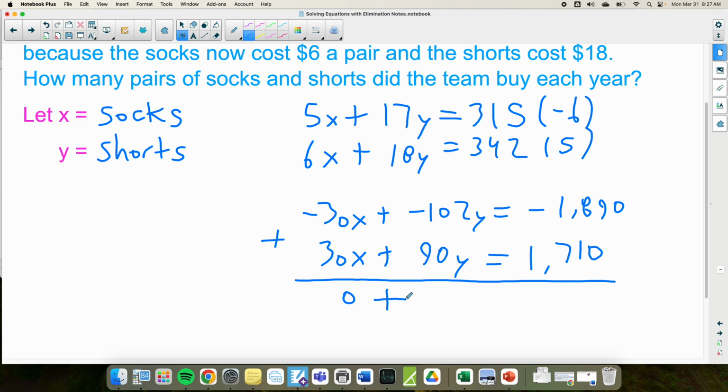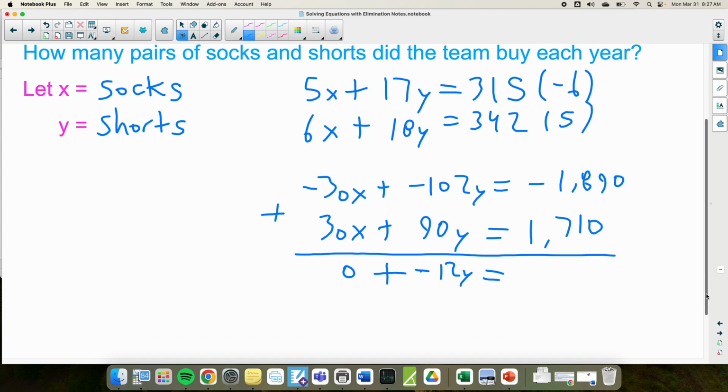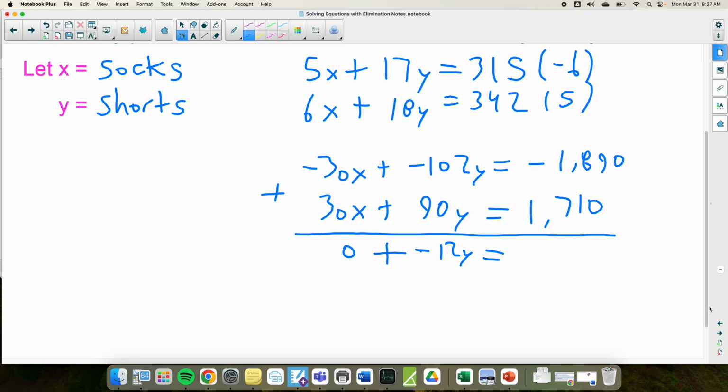Negative 102y plus 90y is negative 12y. And then negative 1,890 plus 1,710 gets you negative 180. To solve for y, we divide by negative 12. And y equals 15.